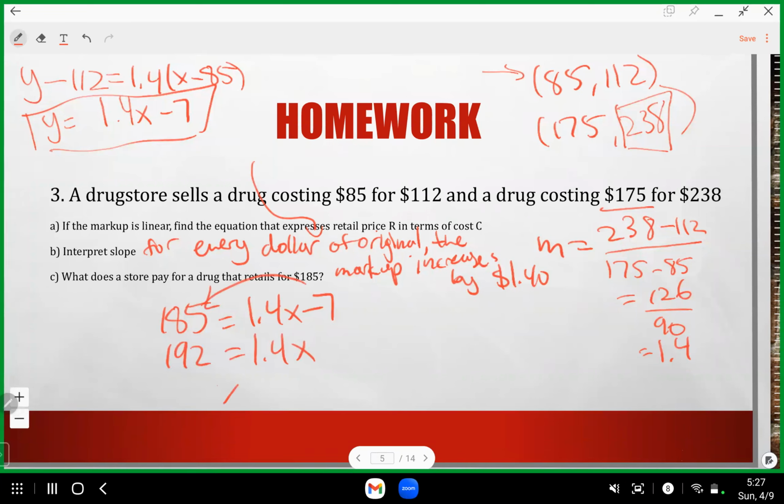X is equal to about, hold up. Did I do this correctly? So 185 is equal to 1.4x.